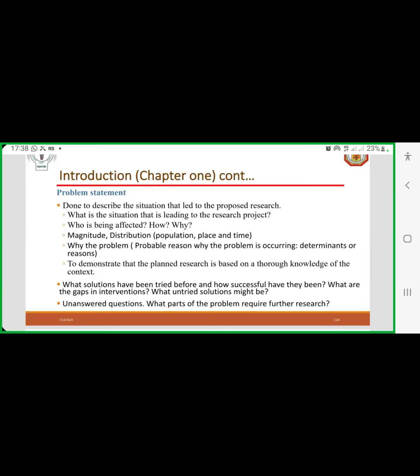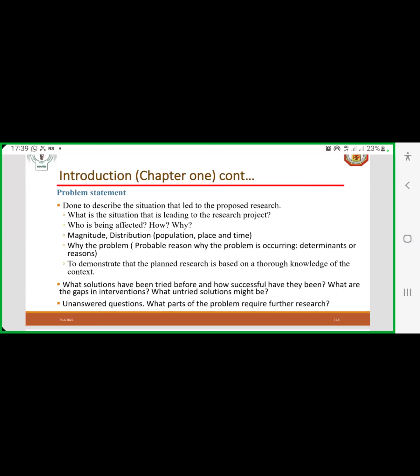If you are writing a problem statement, you have to look at why you are doing this research. What is the problem that I have observed that prompted me into this research topic? That is the problem you will bring, not maybe the prevalence of the disease you are studying. No.